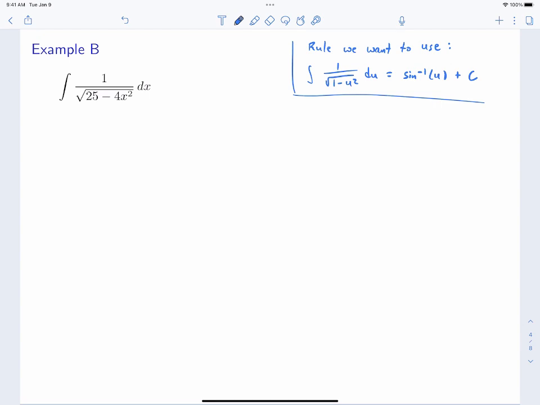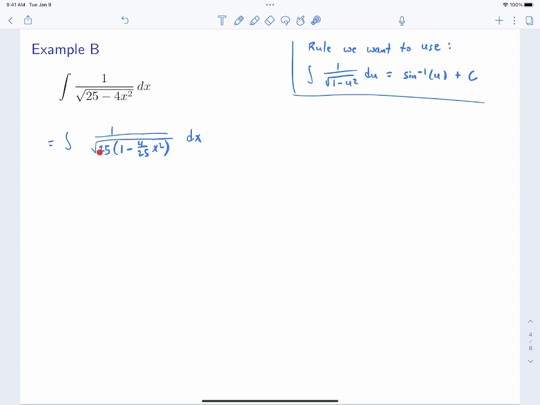So this is going to look like the integral of 1 over the square root, and I'm going to factor out that 25, and we're going to end up with 1 minus 4 over 25 x squared. And all of that's underneath the radical, like so, dx.